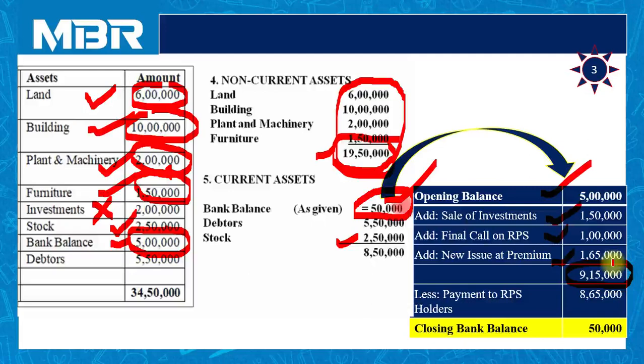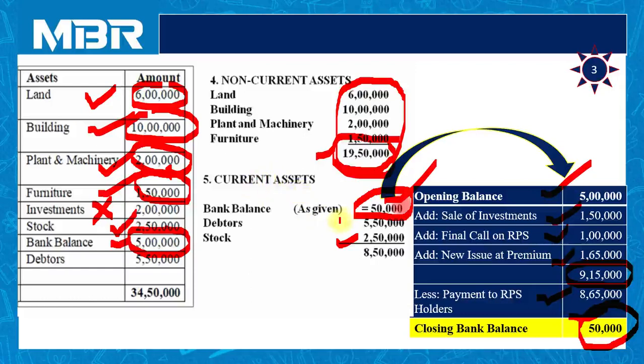Now, out of these 9,15,000, the company has paid rupees 8,65,000 to the holders of both varieties of redeemable preference shares. So the closing bank balance available with the company at the end of this calculation is 50,000. That is exactly what we want as per the condition given in our question.